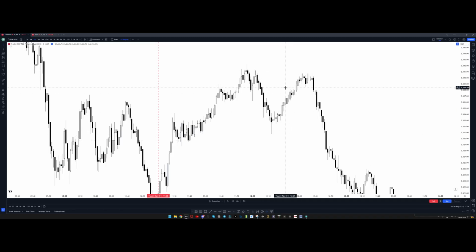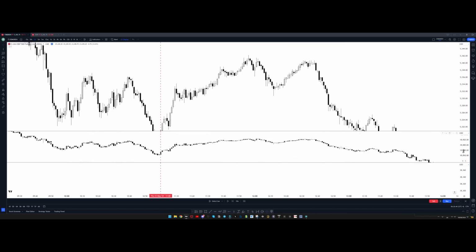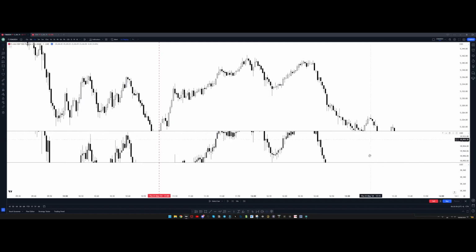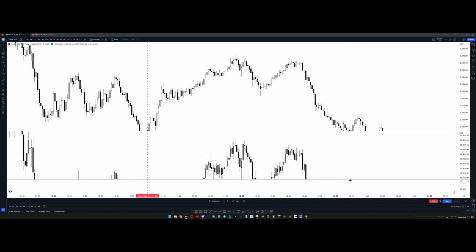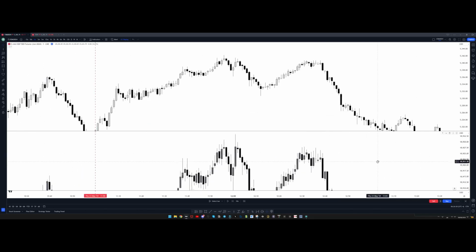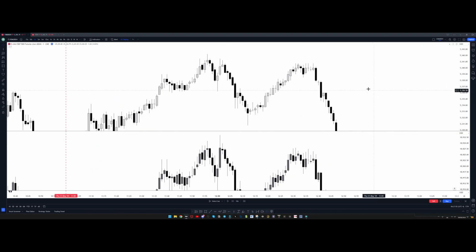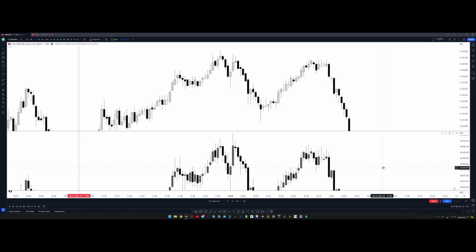Well, I'm going to show you, I think it was this one. I'm going to show you NAS. Guys, once you understand this, this is ES, this is NAS, ES at the top, NAS at the bottom.